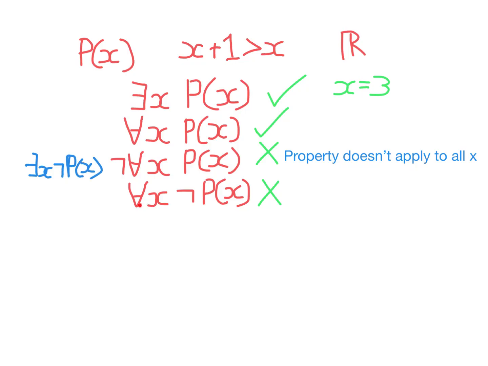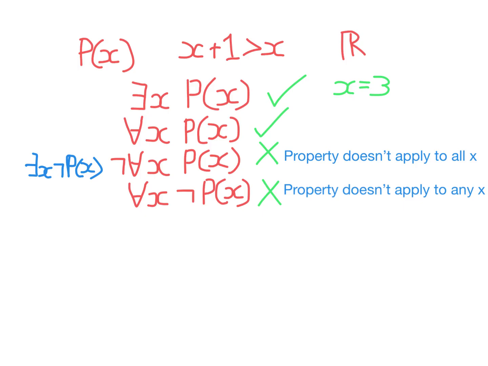Now that's totally different from this statement here. This says for all x, the property doesn't work. This says the property doesn't work for any x. Basically, this says that the property never works. This says sometimes it doesn't work. So make sure that you thoroughly evaluate the statements that you're trying to work with because it can get a bit confusing.